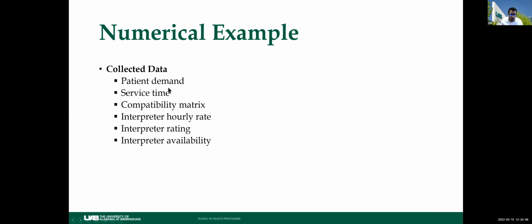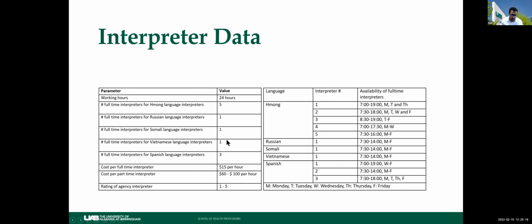And then we collected the patient demand, as I mentioned, the service time, the compatibility matrix, which is the match between the language of patients and the language of interpreters. And then we have the hourly rate, how much an interpreter is paid per hour, and the part-time interpreter rating, and then the availability.